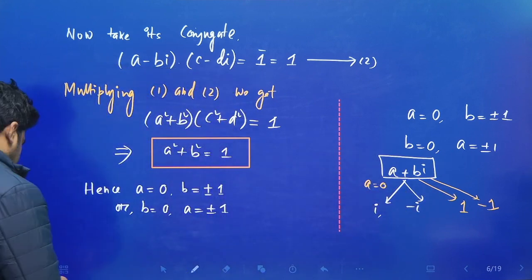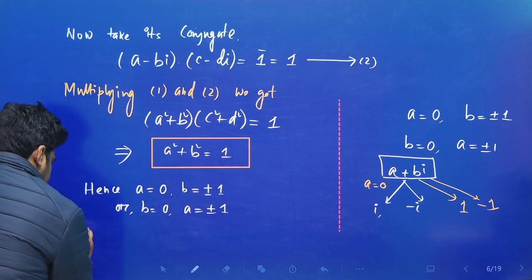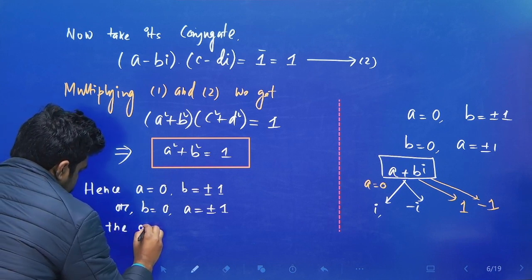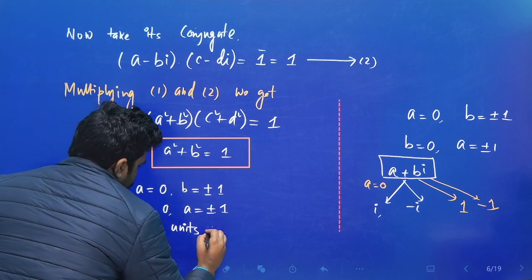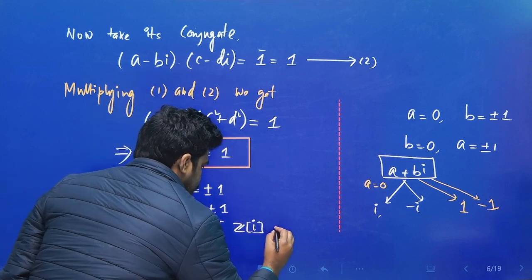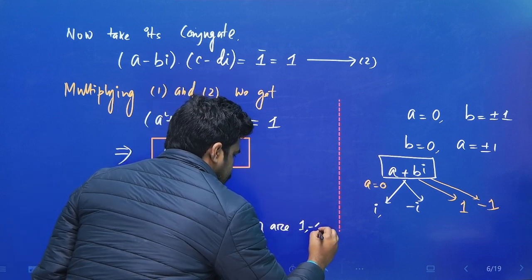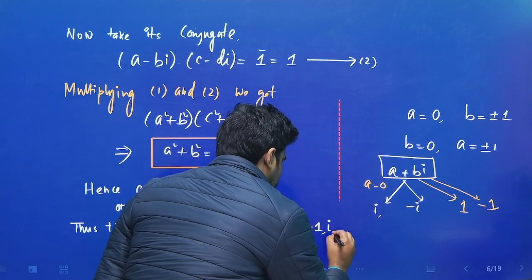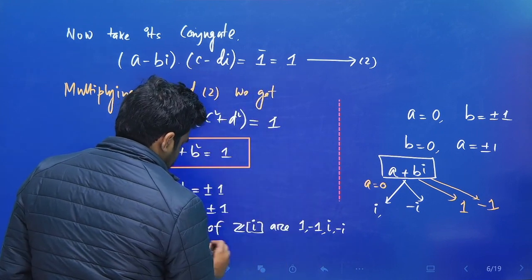Clear? Okay. So hence, thus the only units of Zi are 1, minus 1, i, minus i. Okay, so this is the answer.